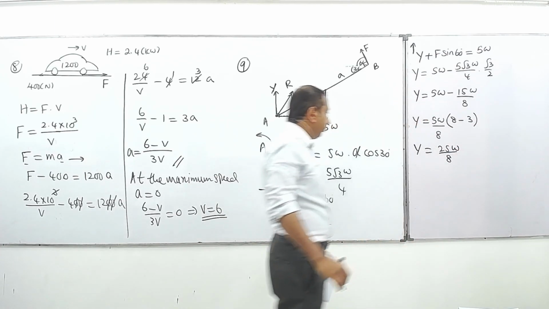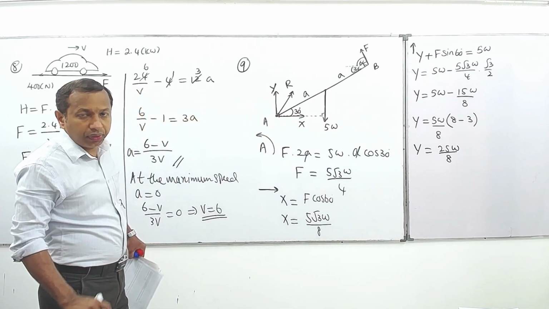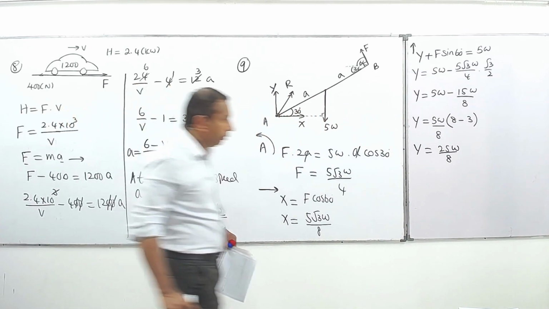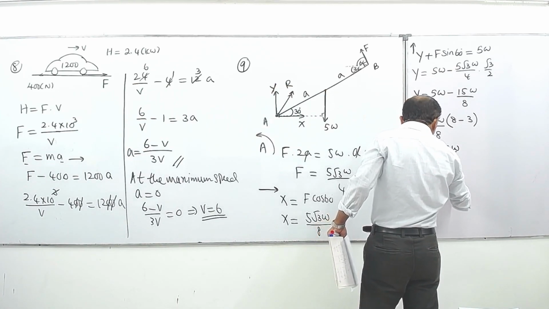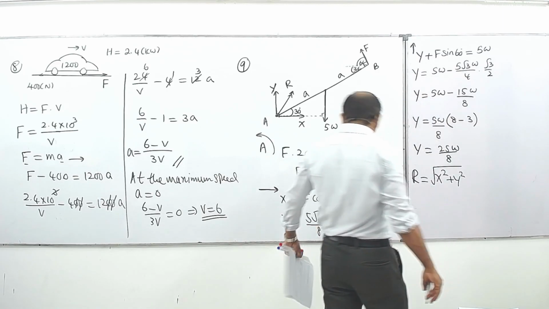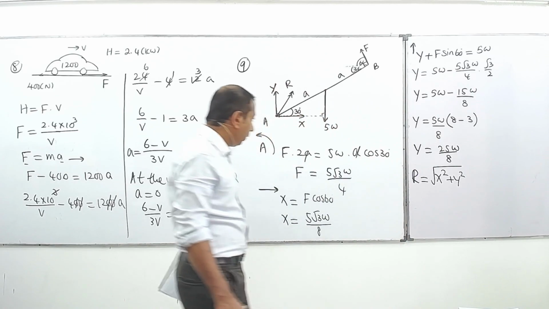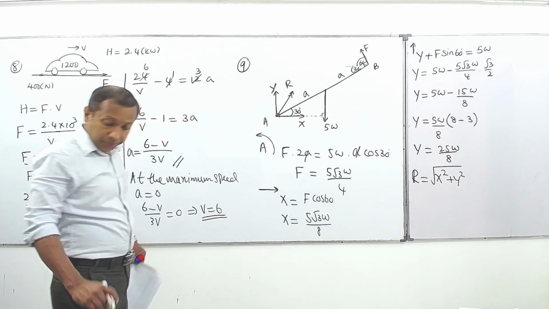Right, so then reaction means square root of x squared plus y squared. R is equal to the square root of x squared plus y squared. Okay, then you can take that answer for R.